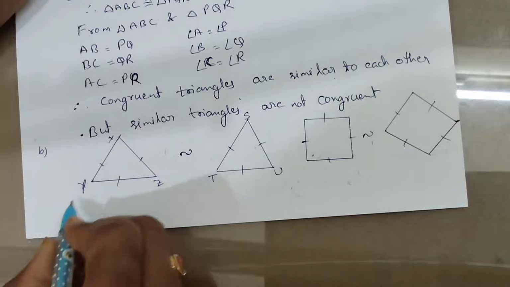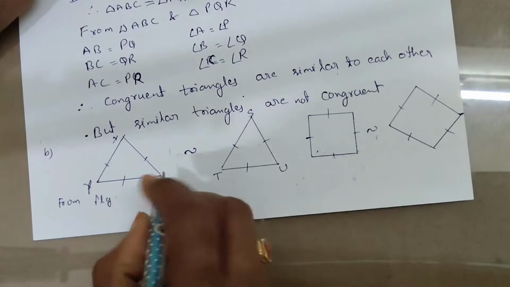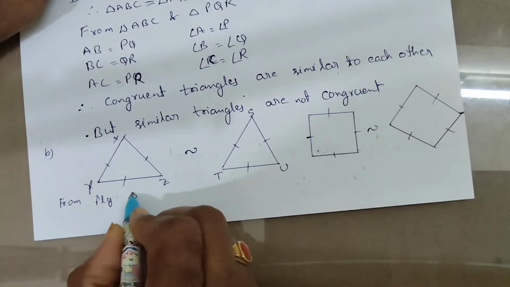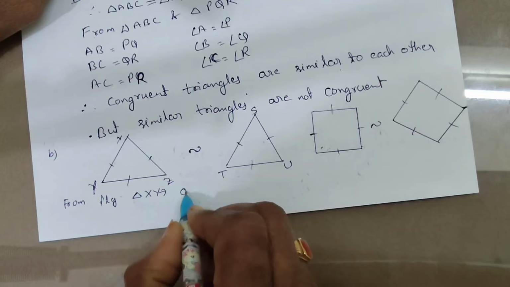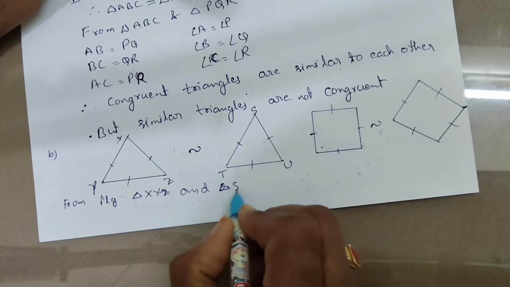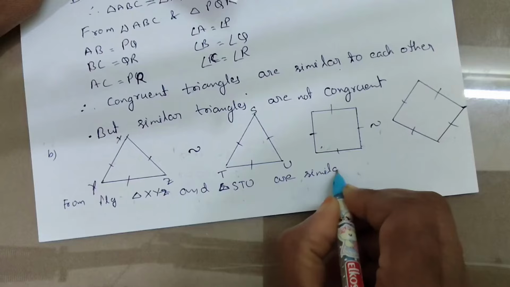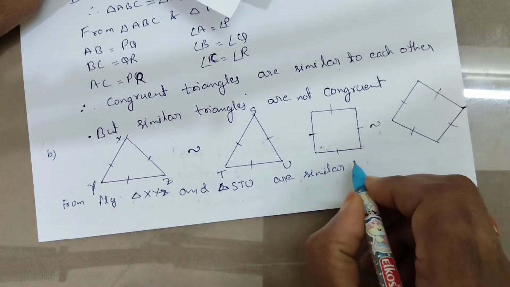So we write: from the figure, triangle XYZ and triangle STU are similar triangles.